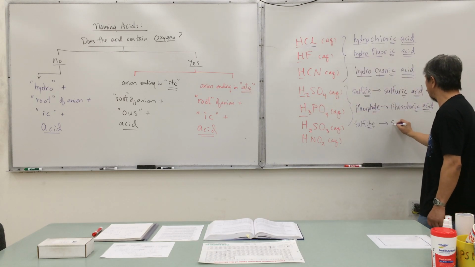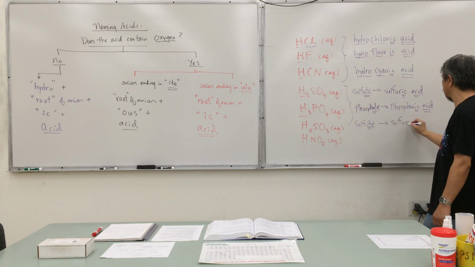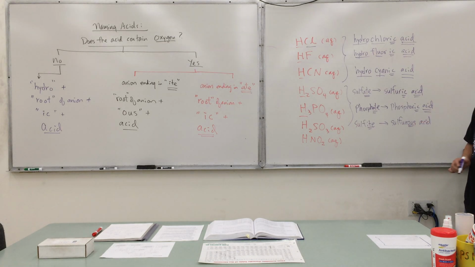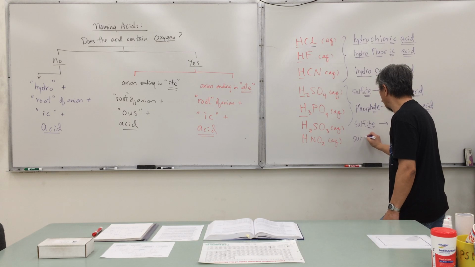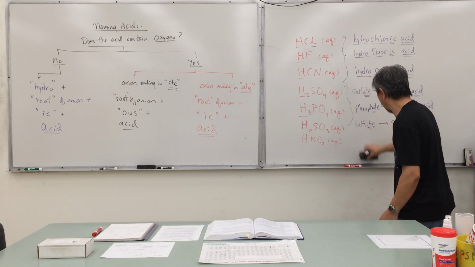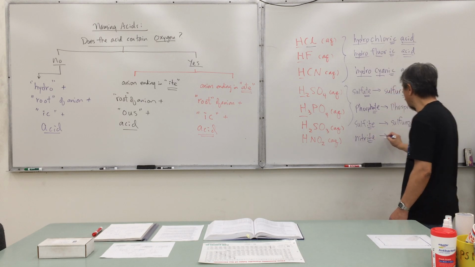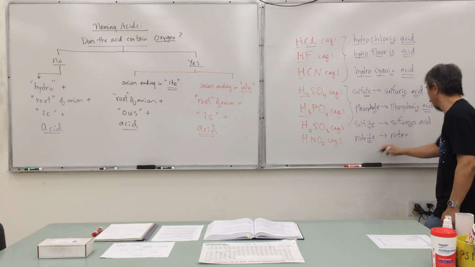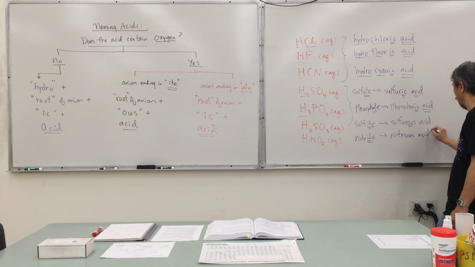So now the root is still sulfur, except now we use the OUS ending. So this is now sulfurous acid. This is now, of course, NO2, the nitrite. So again, ITE ending. So this is now nitrous acid.